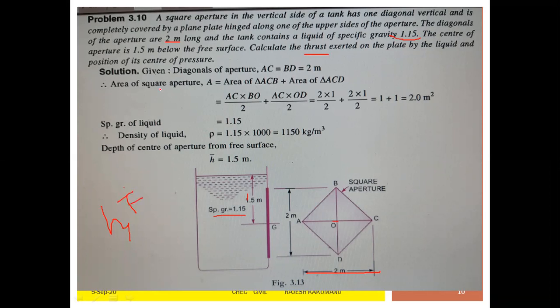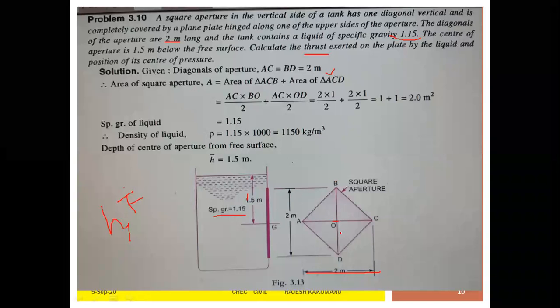Now, given the diagonals of the aperture, what is it? AC and BD. AC and BD are equal to 2 meters. That is the given. Now the area of the square aperture.